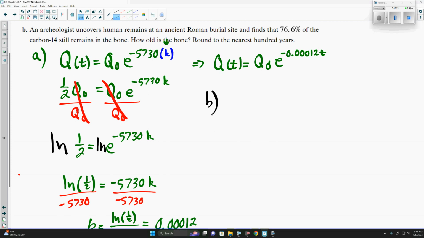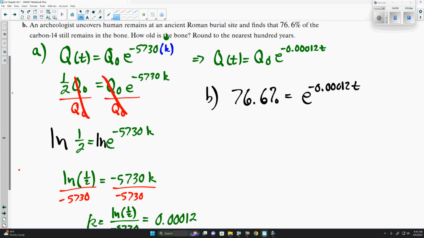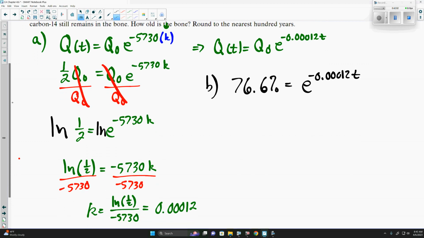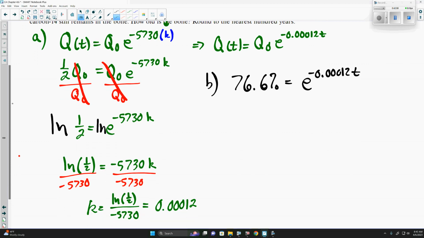In part B, we're going to set the 76.6% equal to our e to the negative 0.00012 T. Now, it seems like Q naught disappeared, and most likely it's going to seem that way because we're going to treat Q naught as one, or I think they have a better way of saying it.